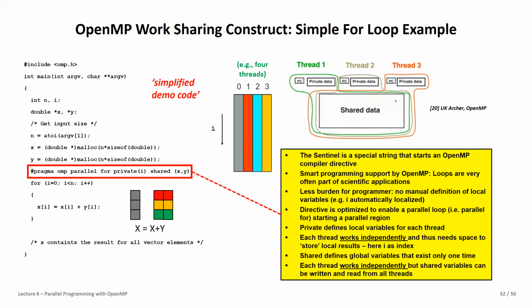Here's the example, perhaps a little bit more in a graphical fashion and in source code notation. Of course, this is still simplified demo code. You see what to do, maybe something with the vector elements here. But here's an example: pragma omp parallel for private E. You say E is something which every thread should have privately. Why? Because we basically have our own index now. We run over this array.